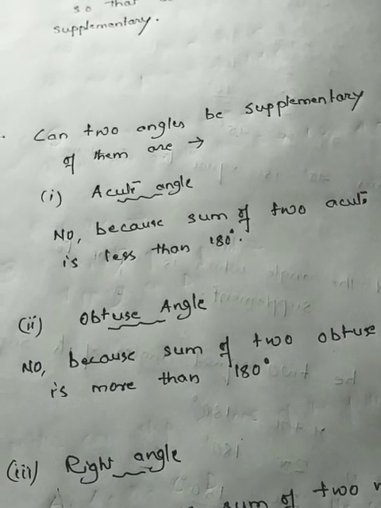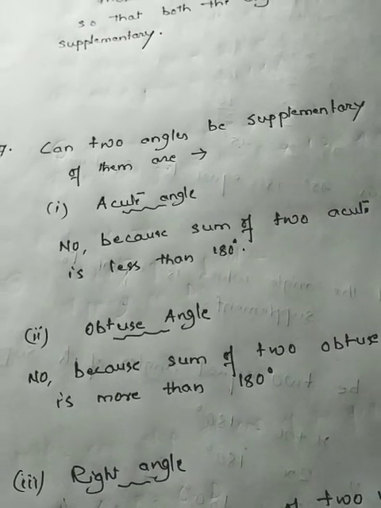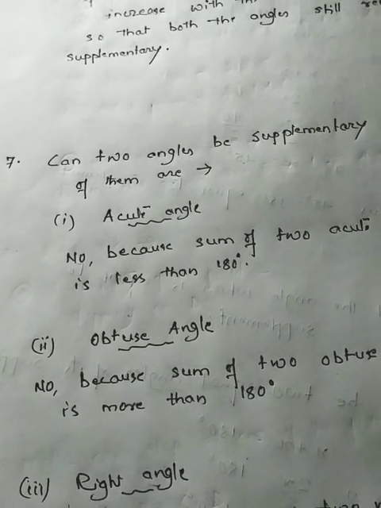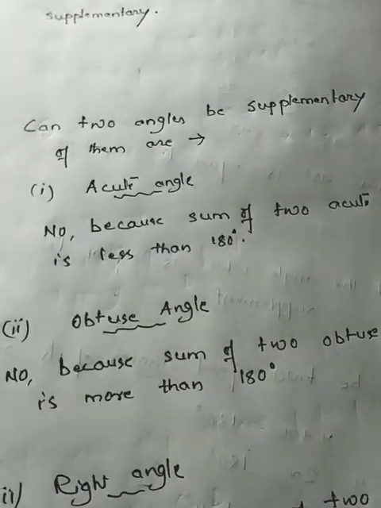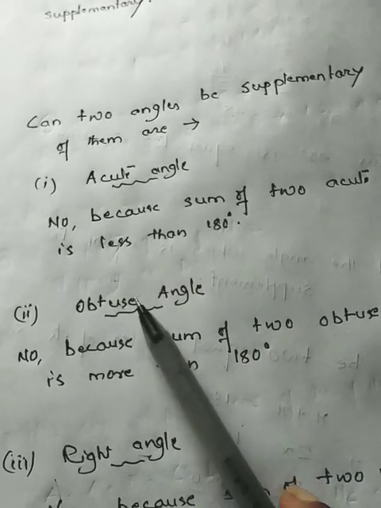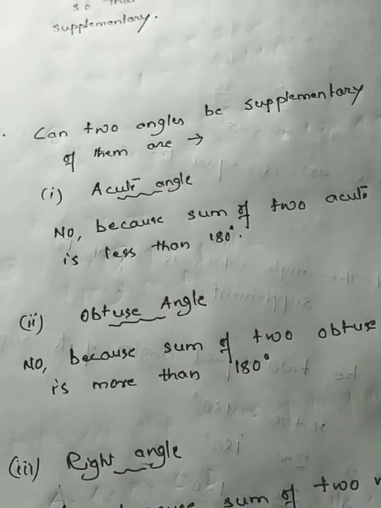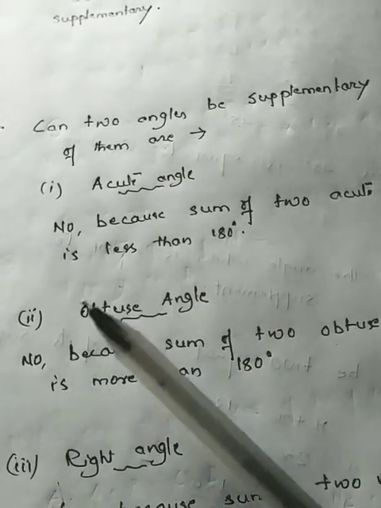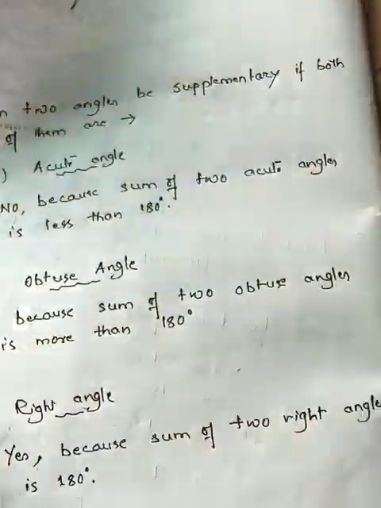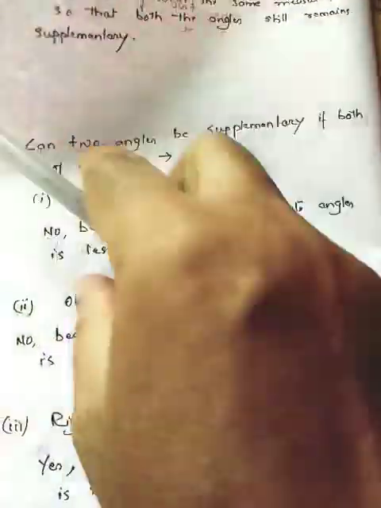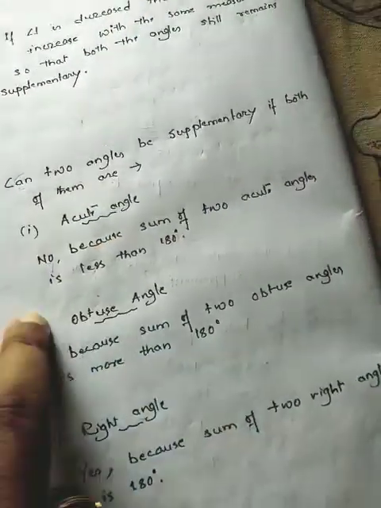So again, it is not a supplement, because the sum should be equal to 180 degrees, not more, not less. In the case of acute angles, the sum was less than 180 degrees, but in the case of obtuse angles, the sum is more than 180 degrees. So in this case also the answer is no. So this condition is also not applicable.